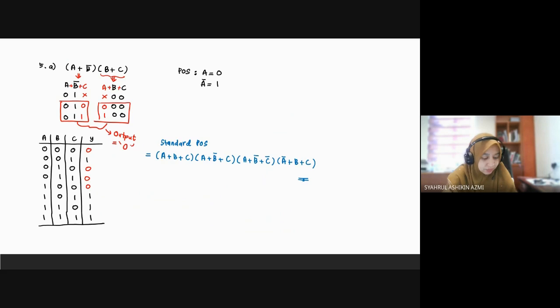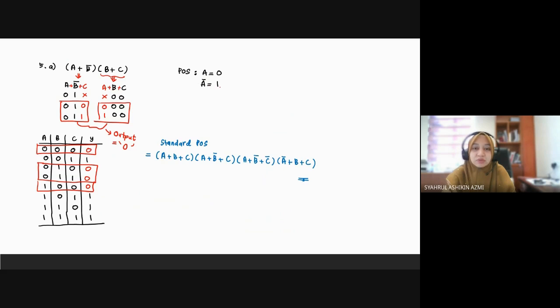0, okay, which is 101, this one here. Okay, 011, this one, 000 and 100, this one here. Okay, 000, following the POS, if let's say the variable does not have a bar, it will be equal to 0.